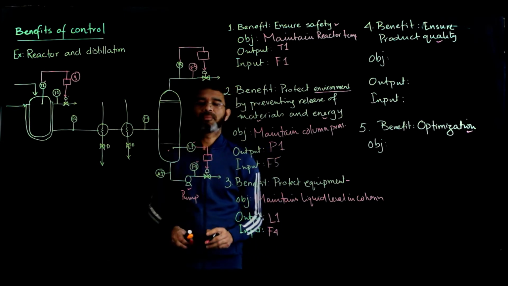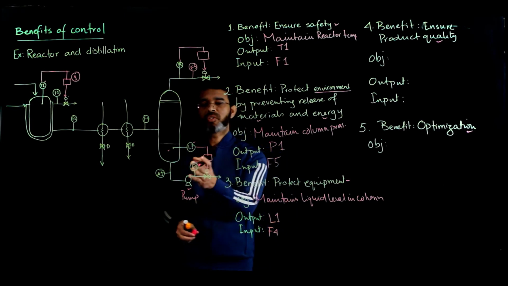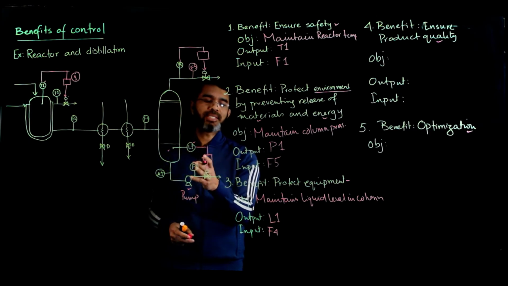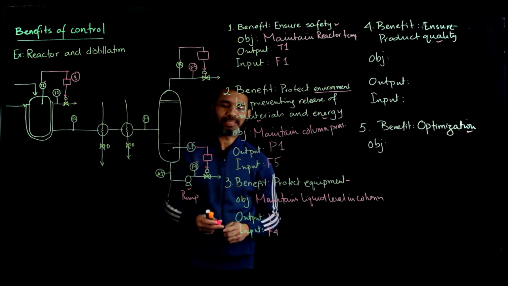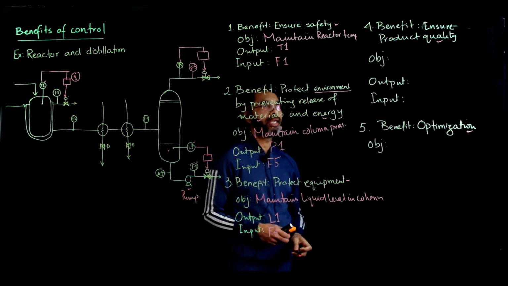Here, just take a look that I am naming the variable by the name of the device. So F4, whatever is the measurement obtained by this flow measurement device, I name that as the variable itself. So that's about protecting the equipment.